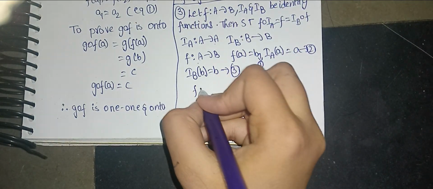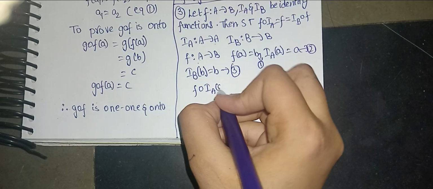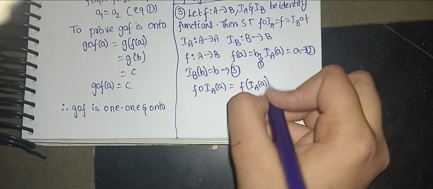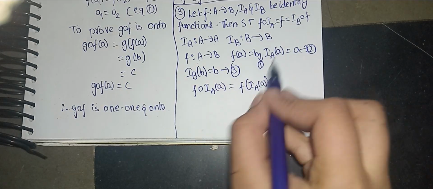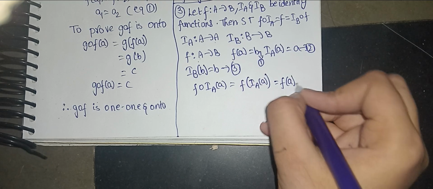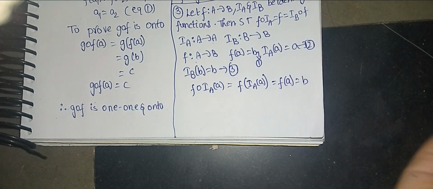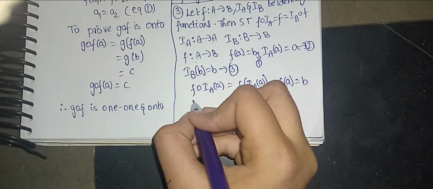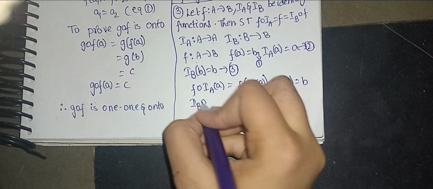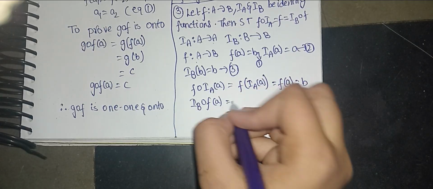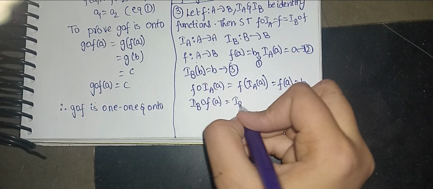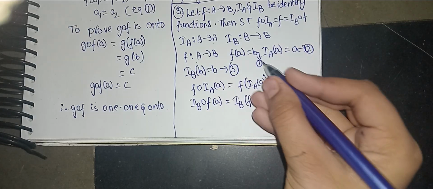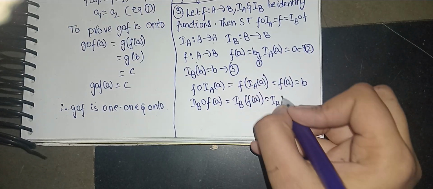Okay, now f circle IA of a means f of IA of a. What is IA of a? a. f of a is equal to b. Okay. Now IB circle f of a. Here IB of f of a. What is f of a? b. IB of b.